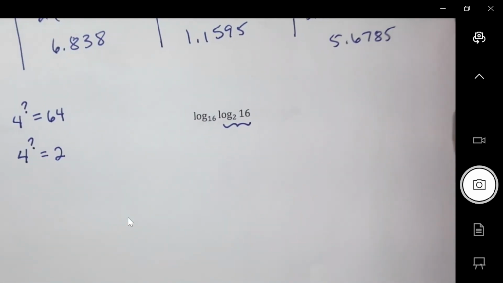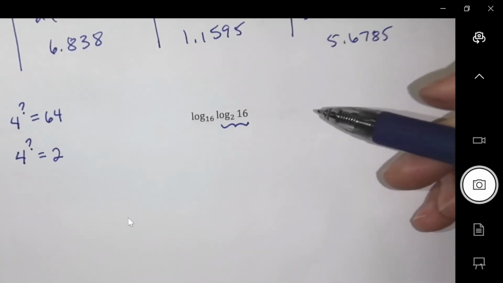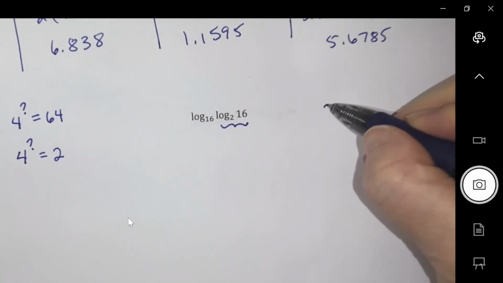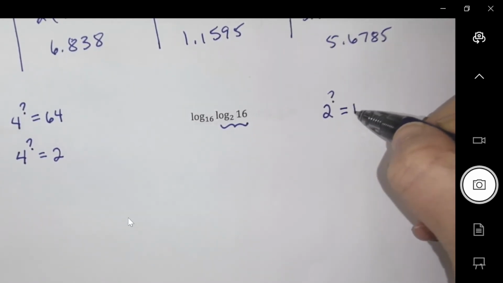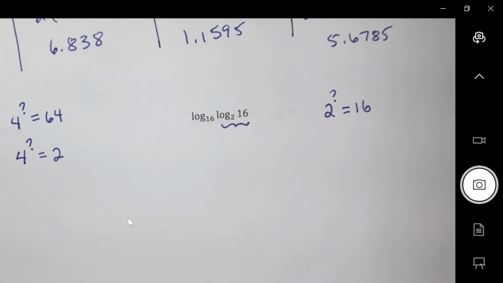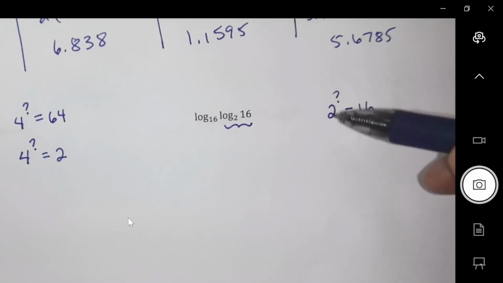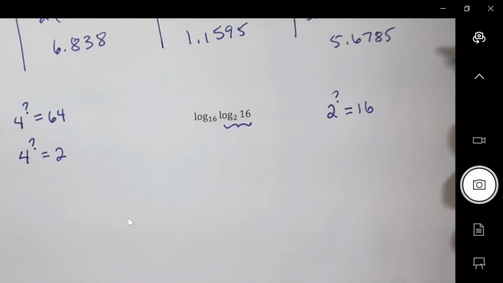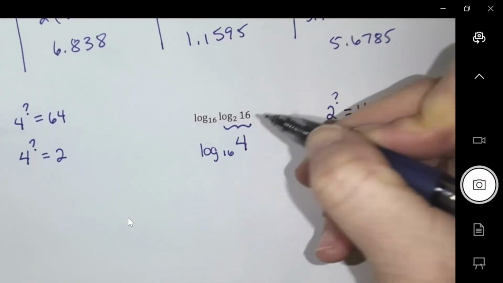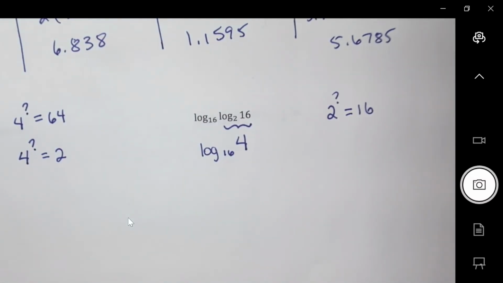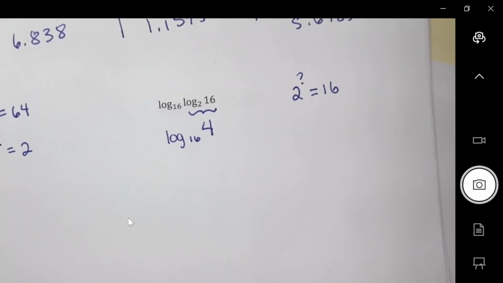So when you work with this one, you have to evaluate that first. So my brain is going to go 2 to the something would give me 16. The base of 2 to some exponent. What's the exponent on that one? 4. Okay, now I have a new log expression.